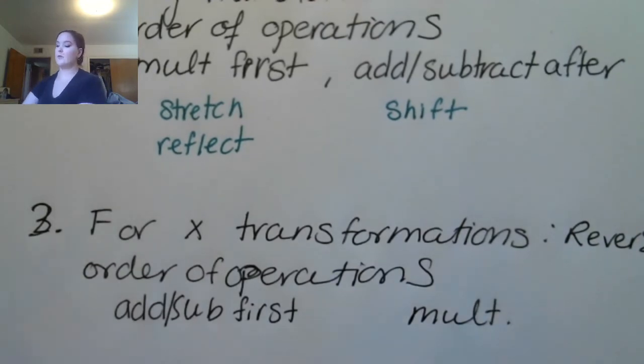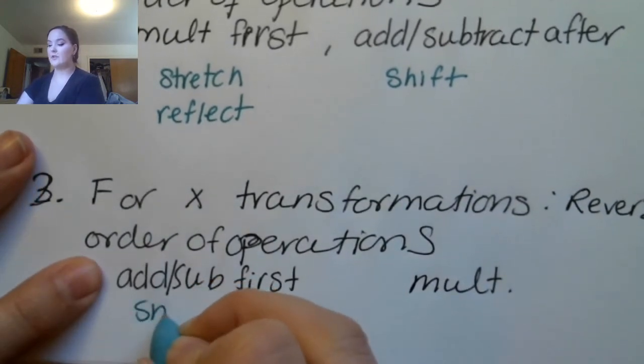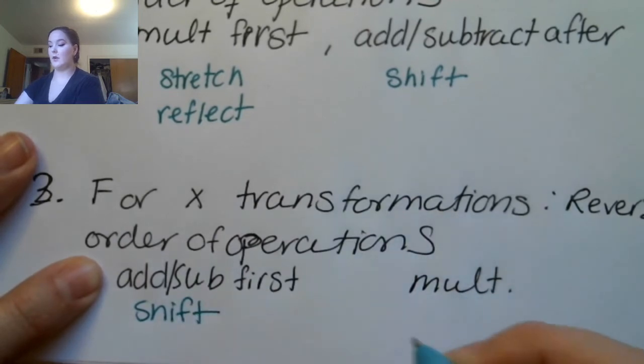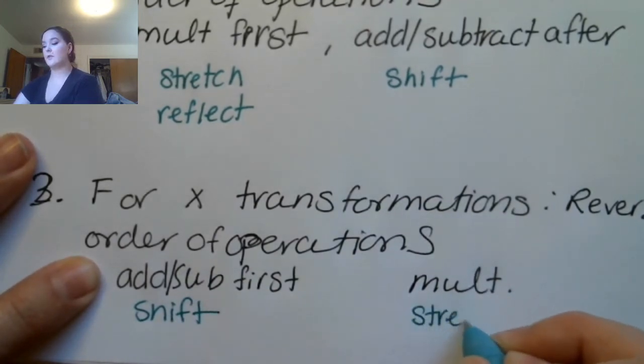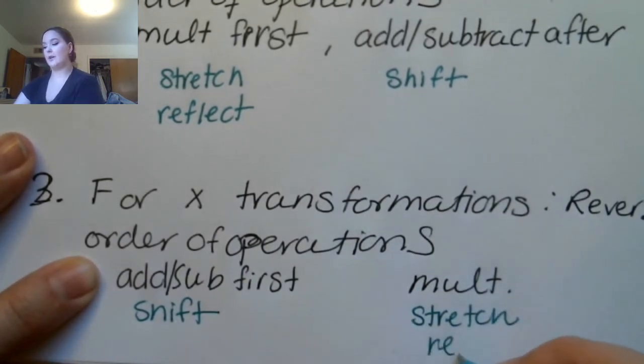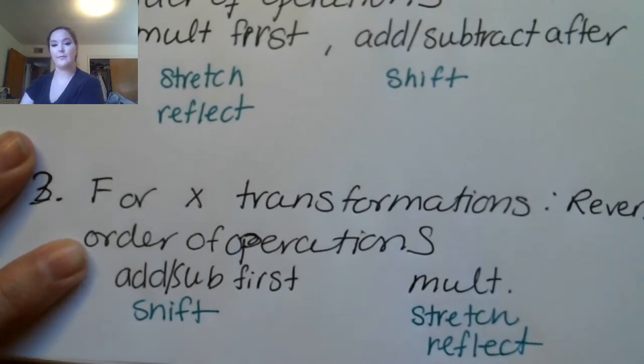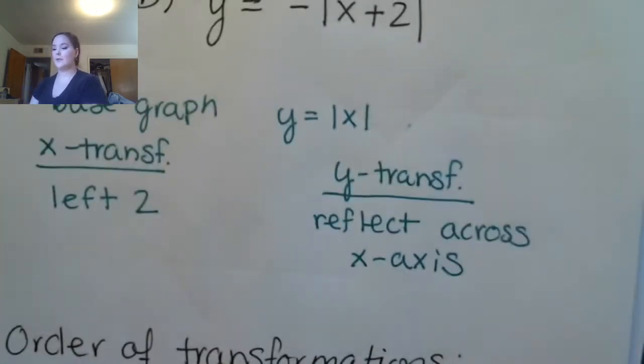So you would first have the shift, and then you would have stretch or reflect. Now this doesn't cause an issue with the first 2 examples that we did, by the way, because we only had one transformation for each variable. So it was okay to do those in any order. Let's do an example where the order does matter.